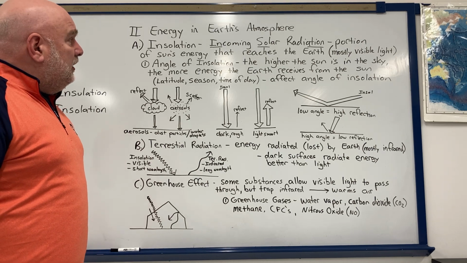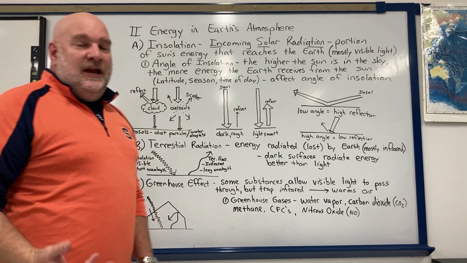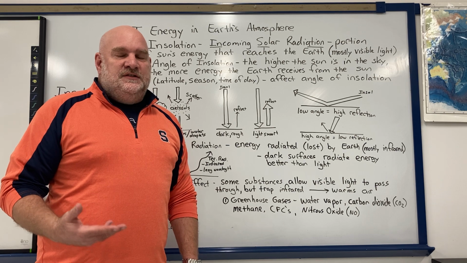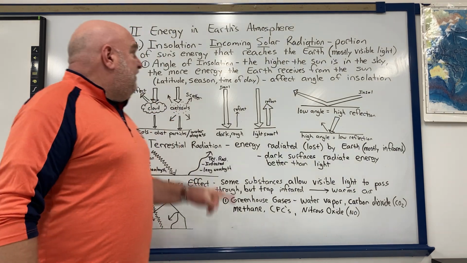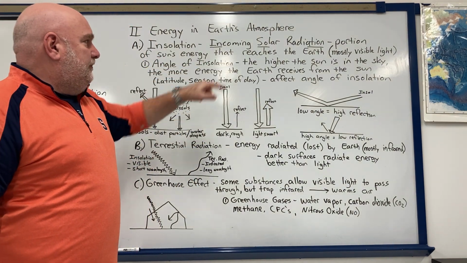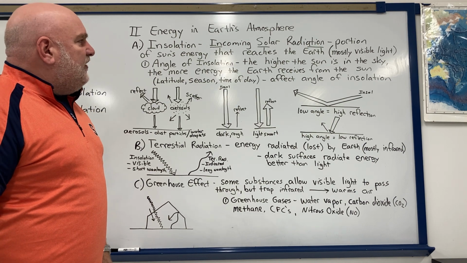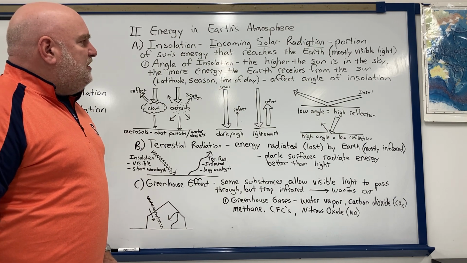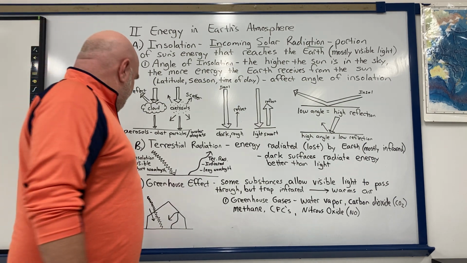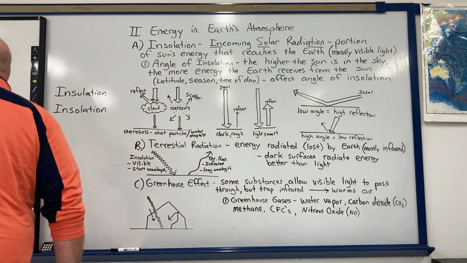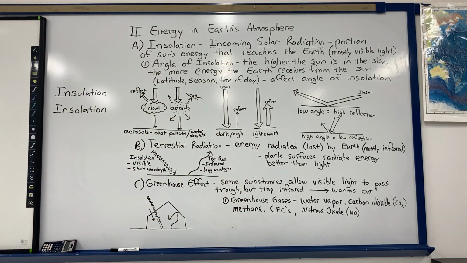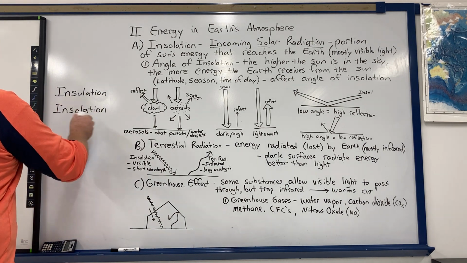Now, the thing that determines primarily how much of the sun's energy we get is the angle of insolation. The higher the sun is in the sky, the more energy the Earth receives from the sun.